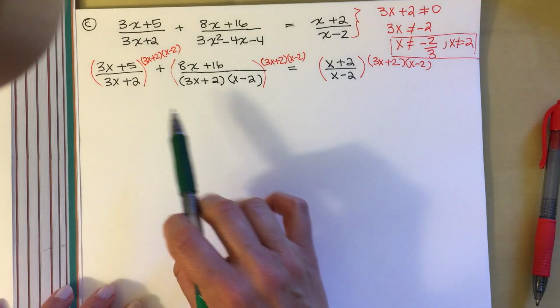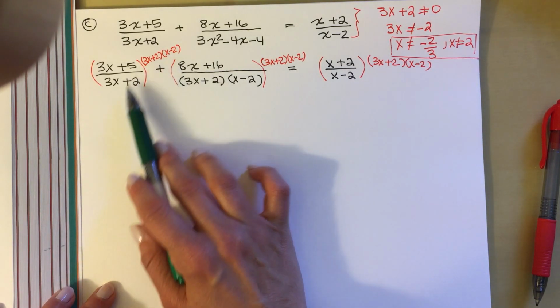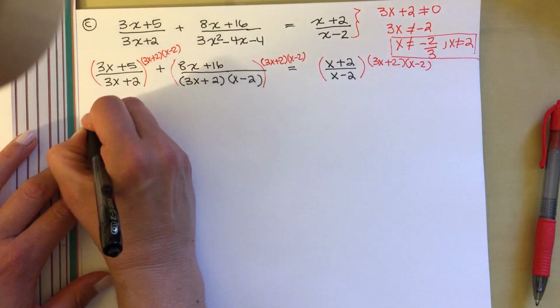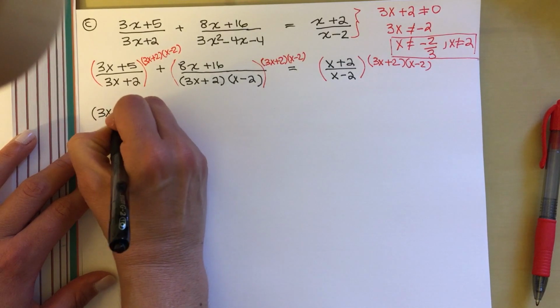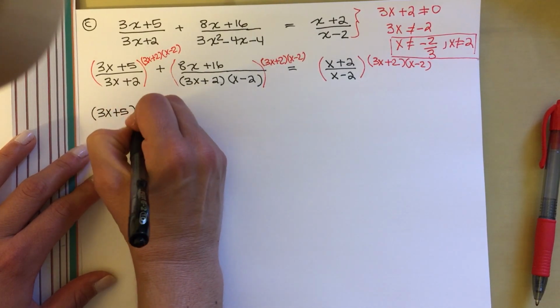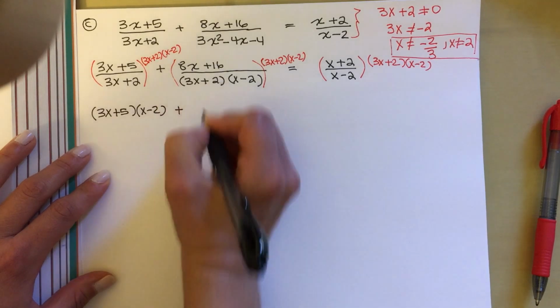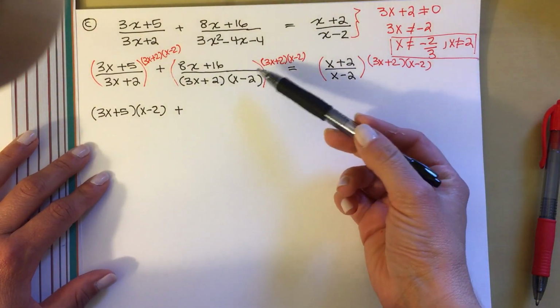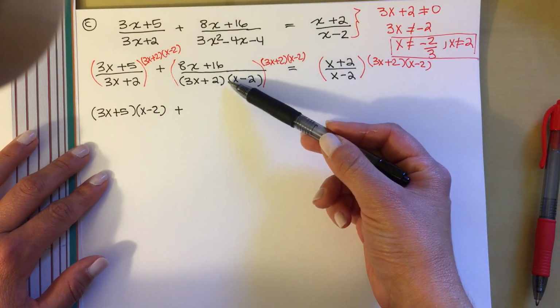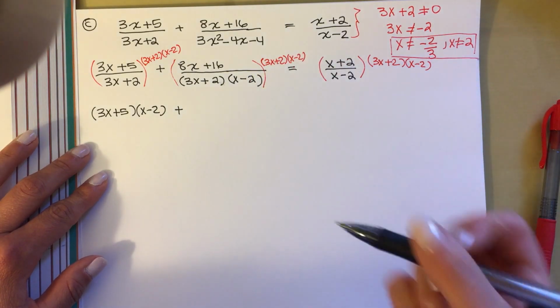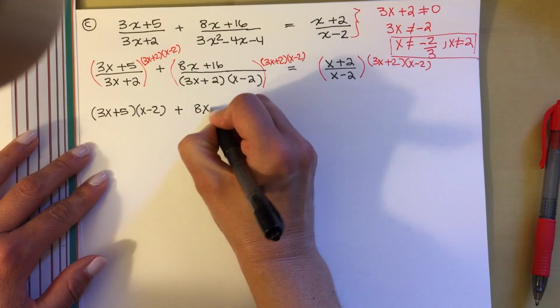For the first part, 3x plus 2 reduces, and we are left with the following. Plus. The second fraction, we could reduce basically both of these factors, and we're left with 8x plus 16.